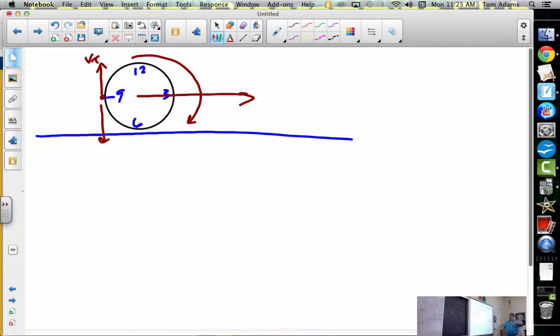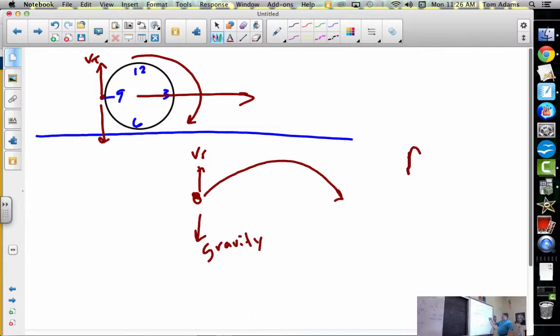If this was just a little speck of mud, it's going to have a tangential velocity, and gravity's going to act upon it. It's going to go in a straight path, so it'll have a free fall, like projectile motion. It'll look like this in free fall.